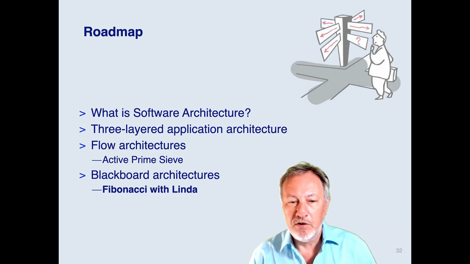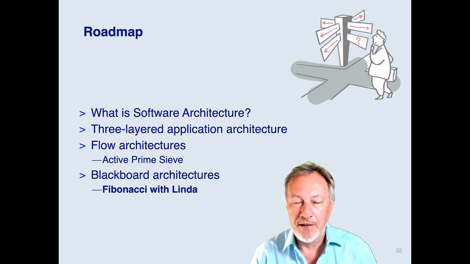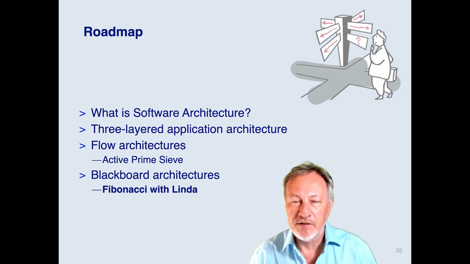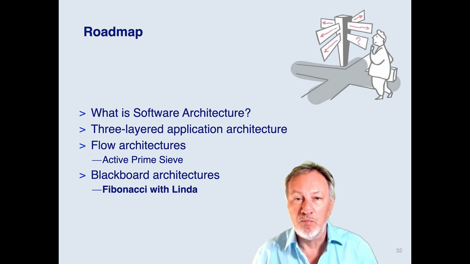So let's have a look at an example of a Fibonacci program implemented with Linda, and we're going to use a variant of the tuple space implementation for Java called JavaSpaces, and we're going to put a thin layer over the JavaSpaces API so that it looks more like Linda.